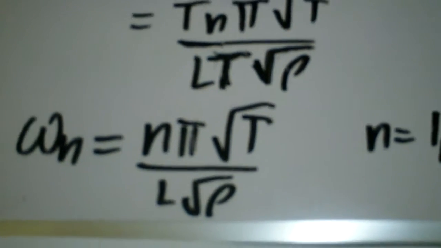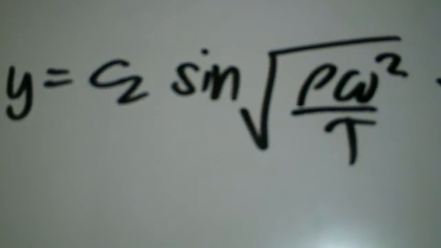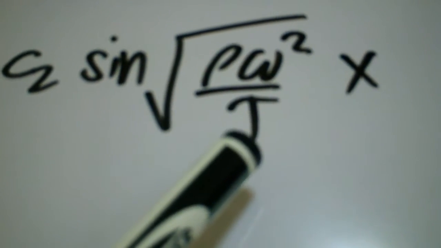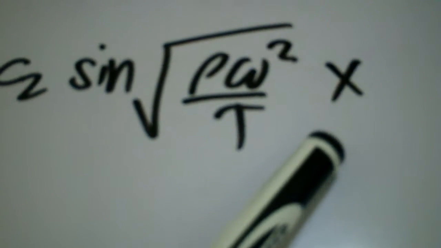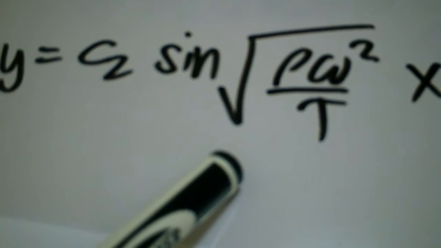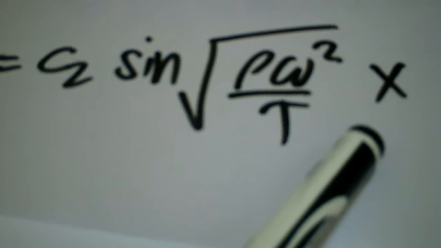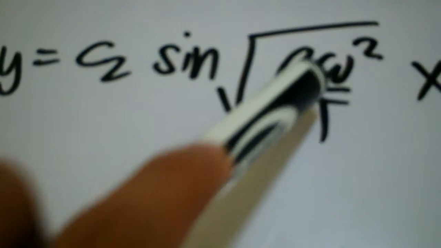The second answer would be this: we go back to our equation, y equals c2 sine of square root of rho omega squared over T x. Now we already have the omega n, so we only substitute omega n from our previous answer here.